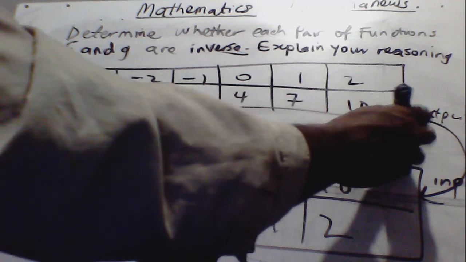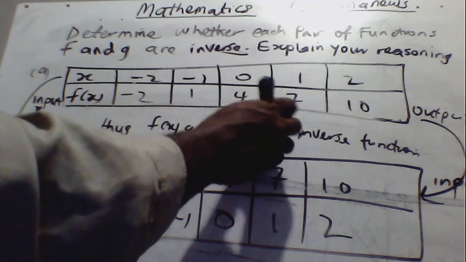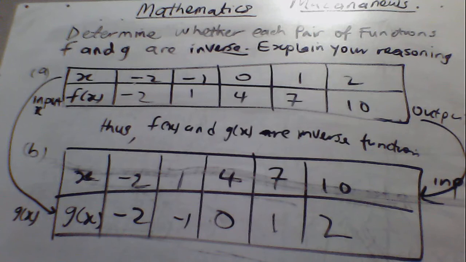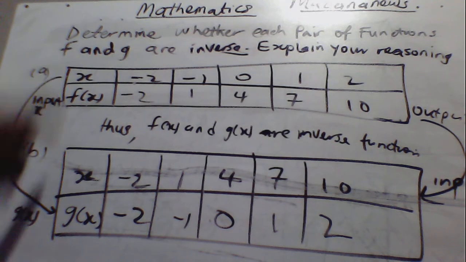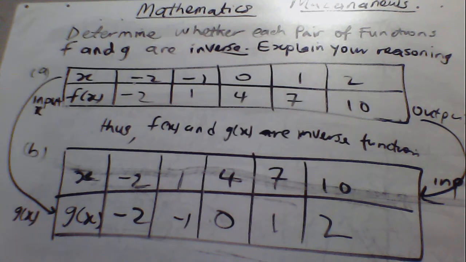Inverse functions. What does that mean? They undo each other. So input of this is output of this. Output of this is input of this. So therefore, they are inverse functions.